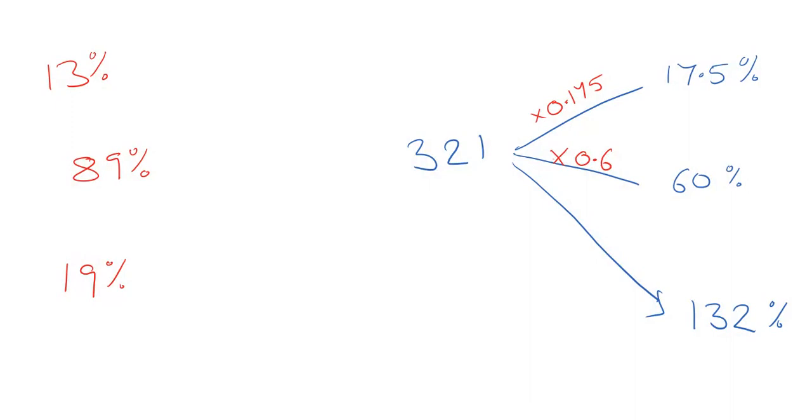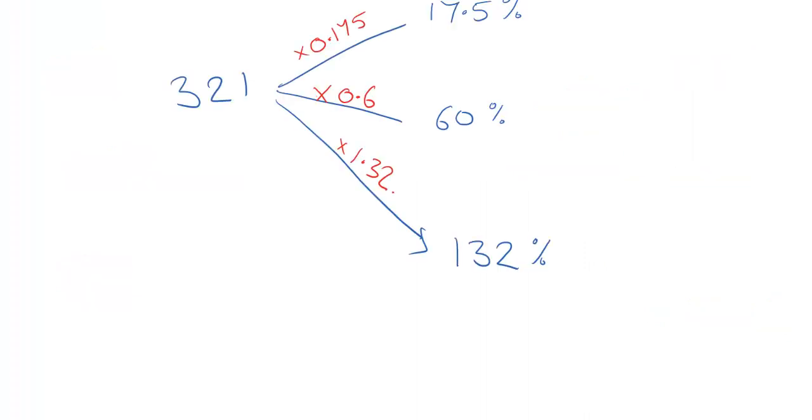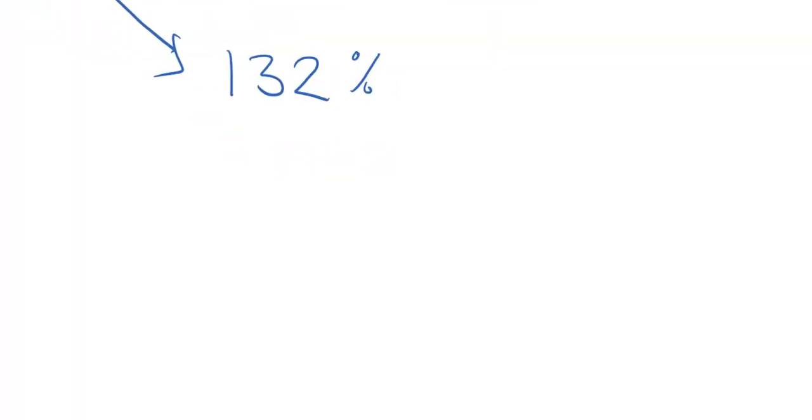And what about past 100? Well, we could do this as well. Now, if I wanted to find 32%, it would be 0.32. So if I wanted to find 132%, then that would be 1.32. Now, here's where it gets even more useful, because let's take that 132%.